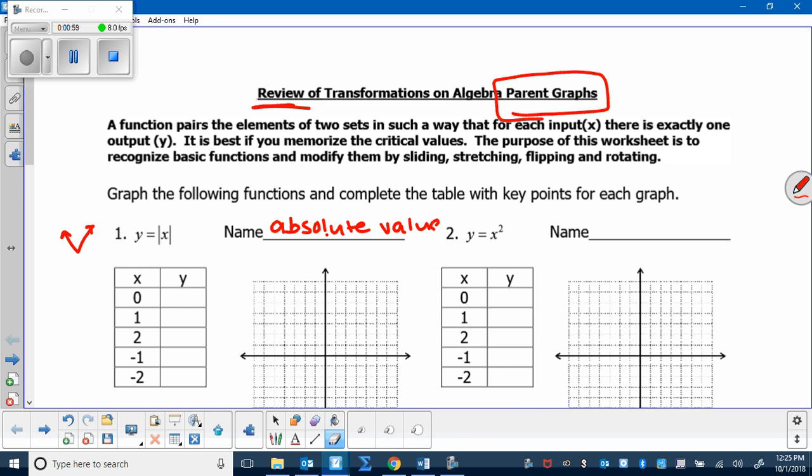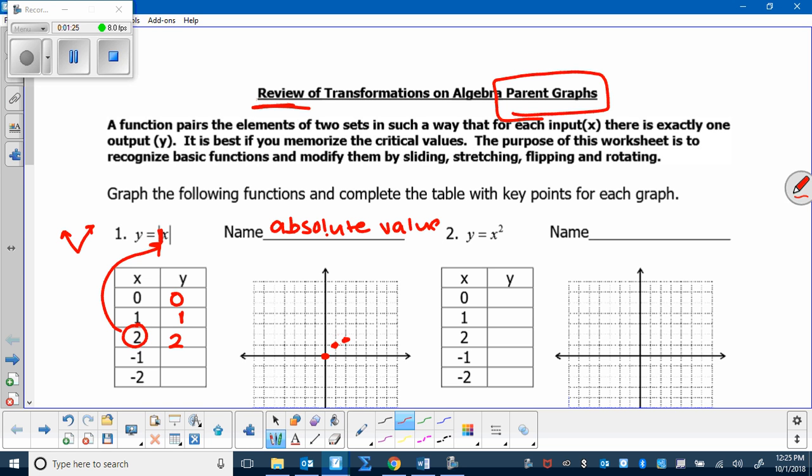So if I plug 0 into the function for x, absolute value of 0 is 0. So your original point is located at 0, 0 on the board. If you plug in 1 for x, the absolute value of 1 is just 1, so 1, 1 is a point. If I plug 2 in for x, the absolute value of 2 is 2.